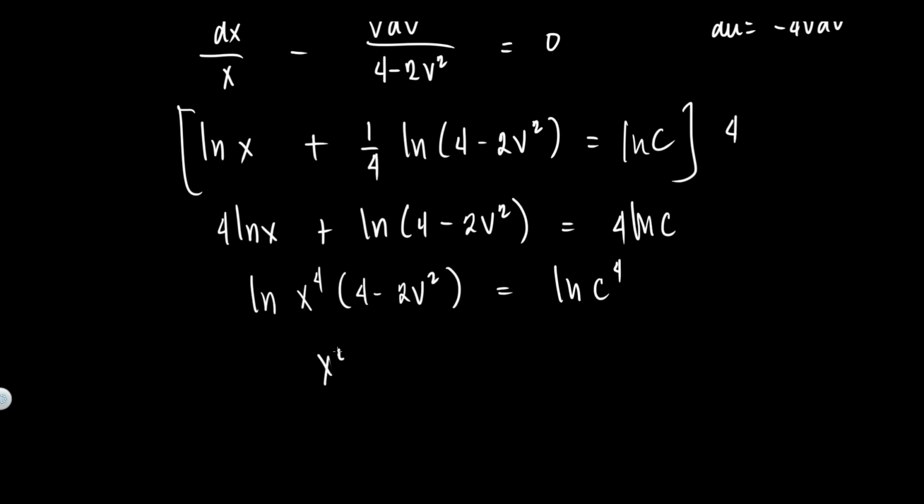Okay, so we have x to the 4th times quantity 4 minus 2v squared equals c, just that, okay?